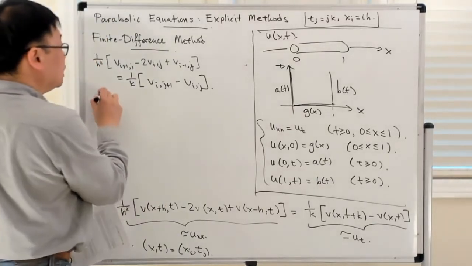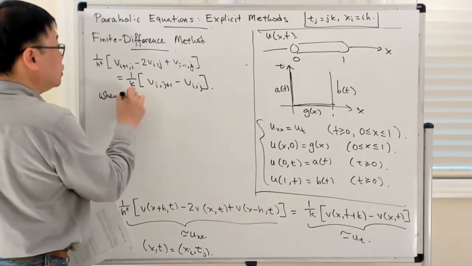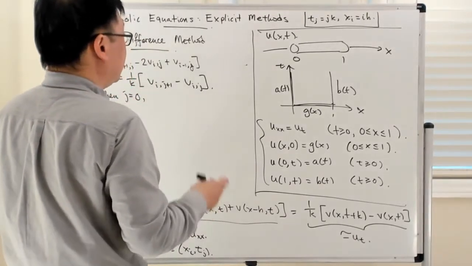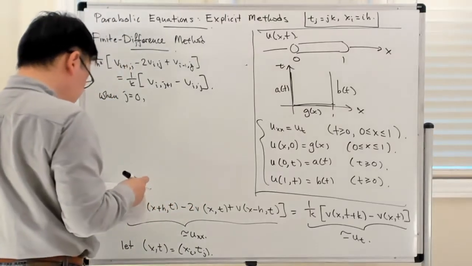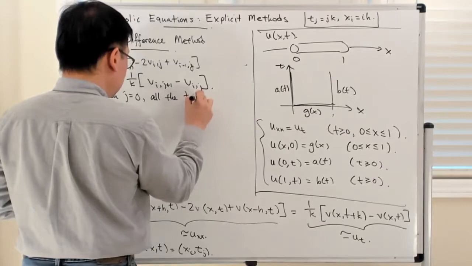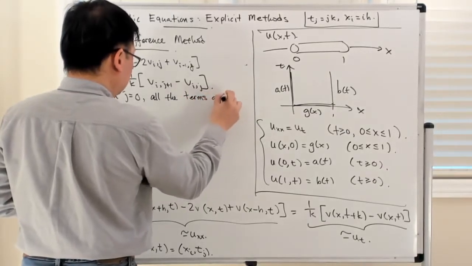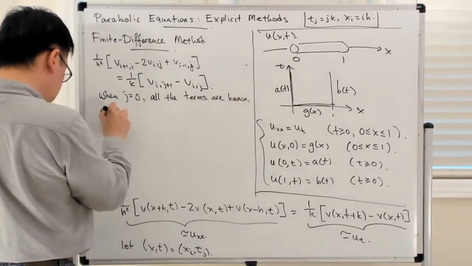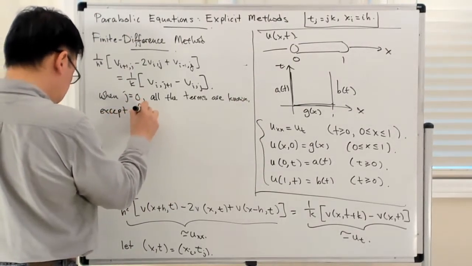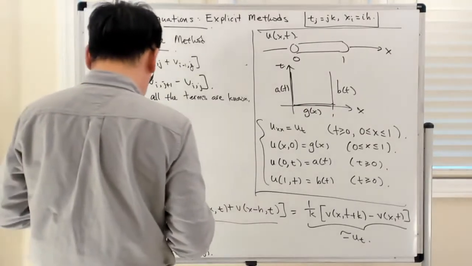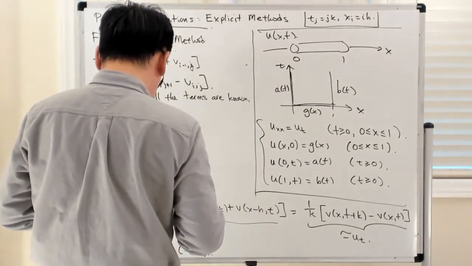So when j is equal to 0, which corresponds to the initial time, all the terms are known except for v_{i,1}.